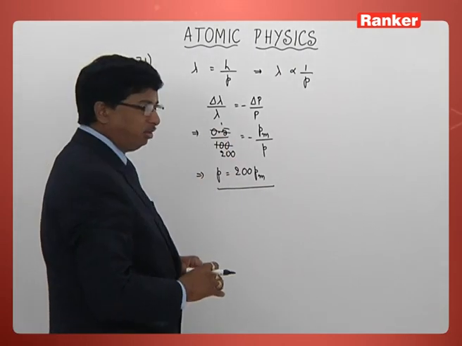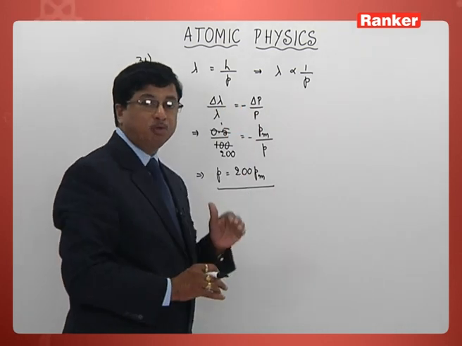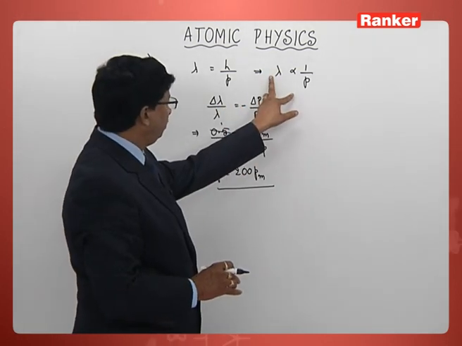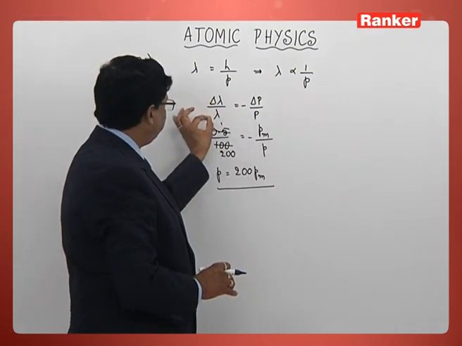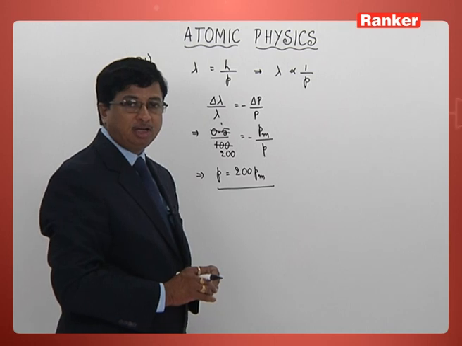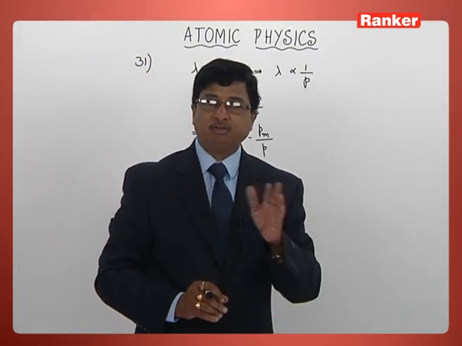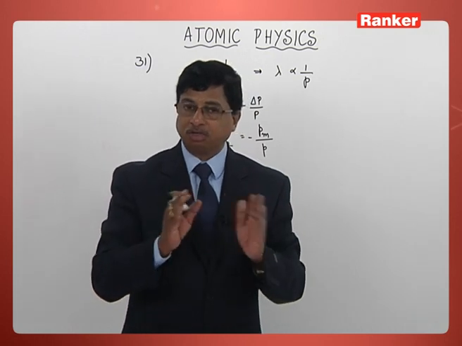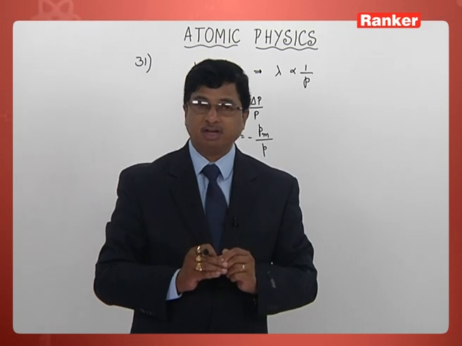So what is the relation between this value lambda and this value p? First you estimate from this equation. Then you write delta lambda by lambda is negative of delta p by p. That negative sign gives you when one increases, the other one decreases. That means the relation between them is an inverse relation. That is a point you have to understand.